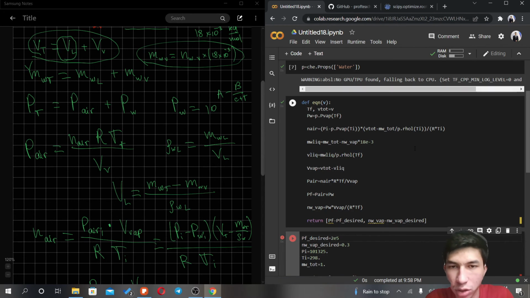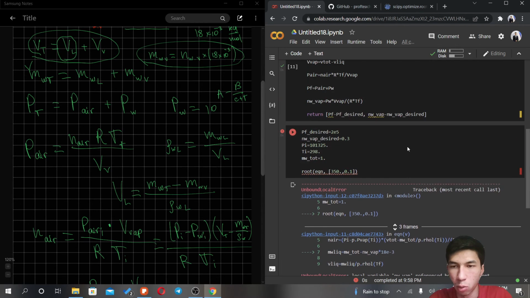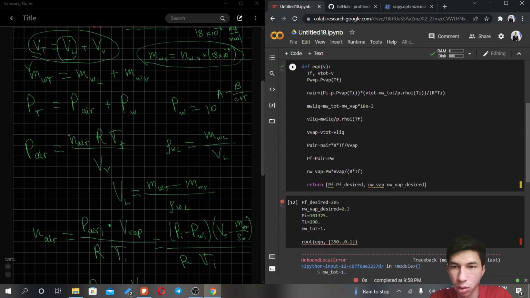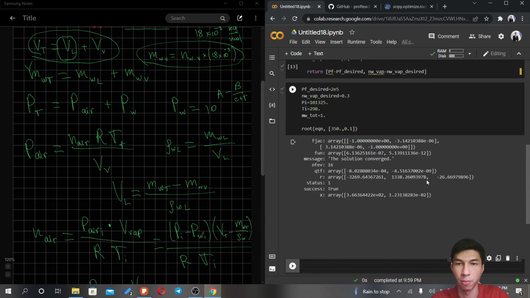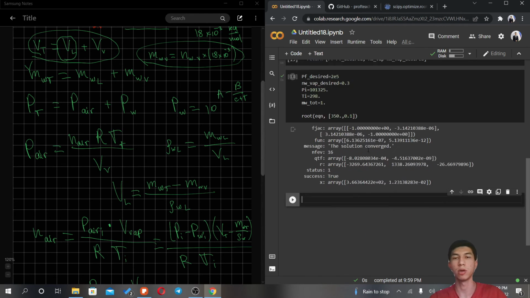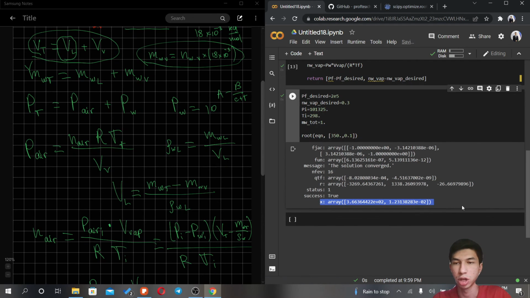So when we run it this time, it's saying vapor. So we might have two different equations again. We should have used desired right here, as we already gave the value for the desired variable. So here we go. When we run our program and run the root solver, we can actually get the final answer for our equation. These values under the x, this array, would represent our values.